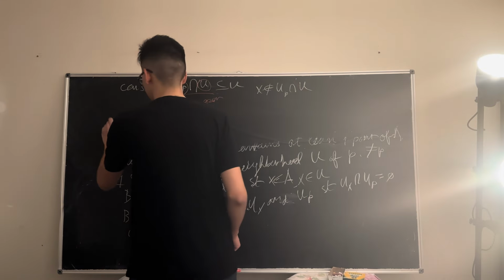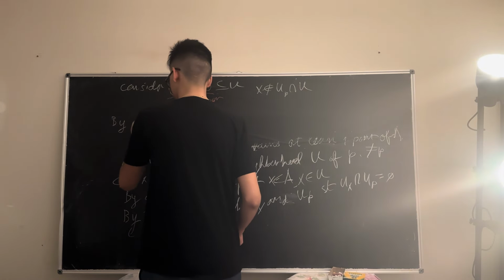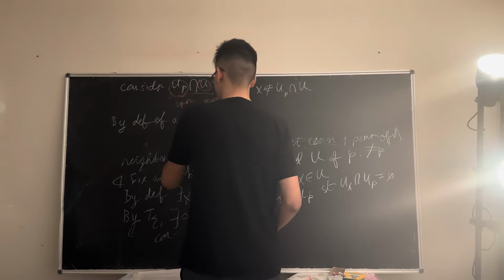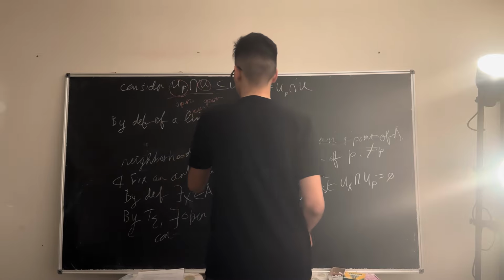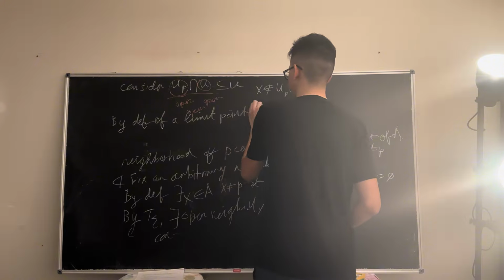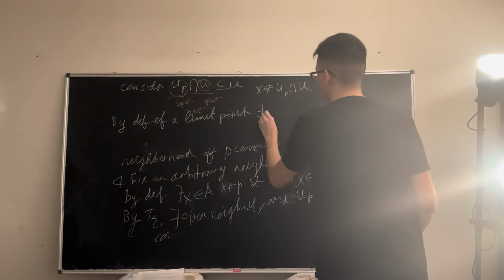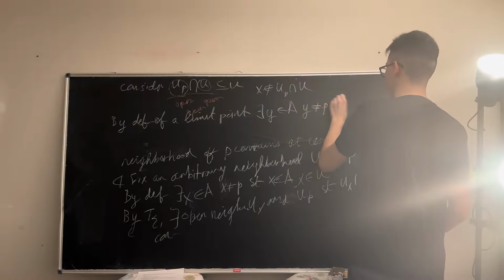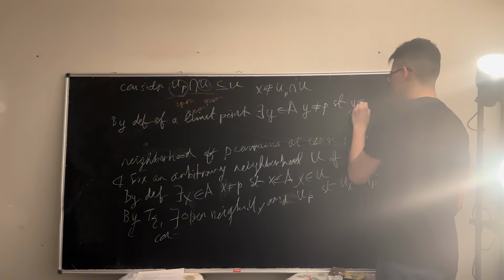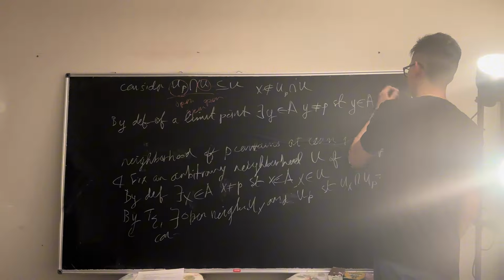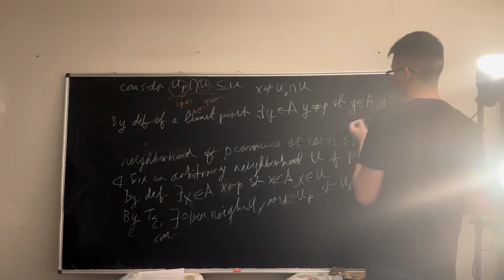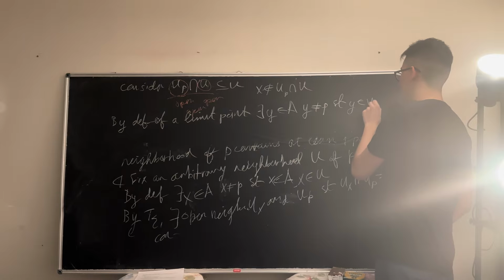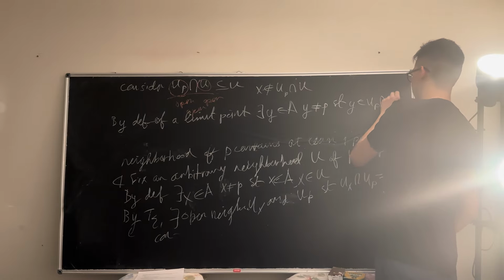So by definition of a limit point, there exists a Y in A, Y distinct from P, such that Y is in U_P intersect with U.